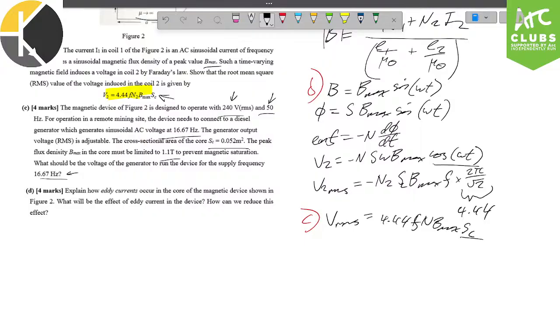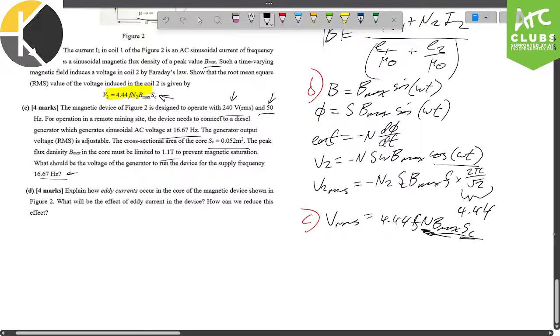Mind you, SC and B max have been determined to a maximum value. We're assuming that we're running this machine to the maximum saturation of the transformer, okay? And so we are going to apply B max, we're going to apply SC. Those are constant, fantastic. The machine is designed with a set number of turns, N, and we're just changing the frequency.